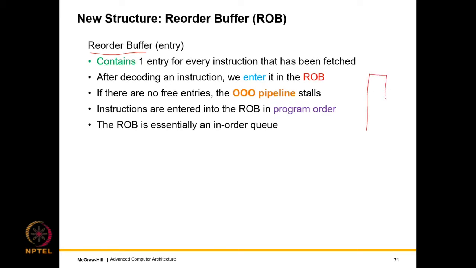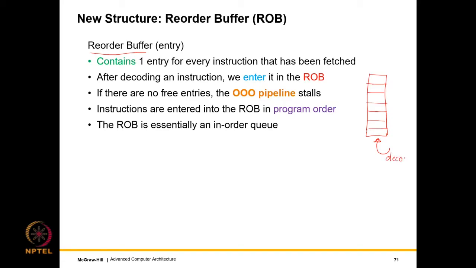Needless to say, all queues that we have in an architectural setup are implemented as circular queues, otherwise there is no other way to implement them using a finite sized array. When we decode an instruction, we enter it into the ROB.